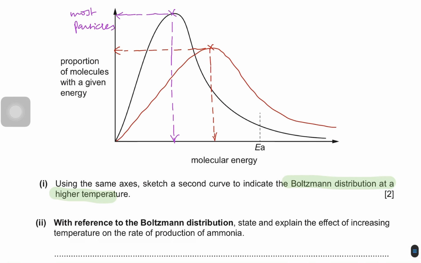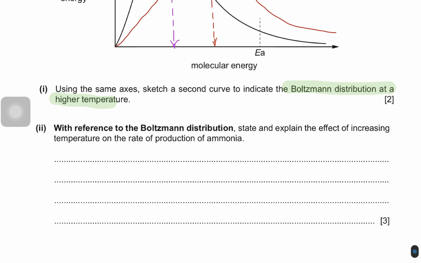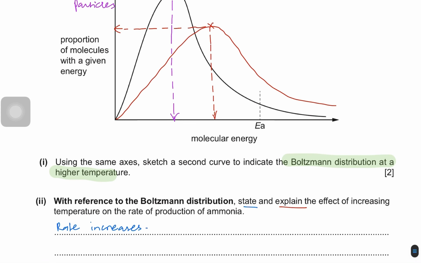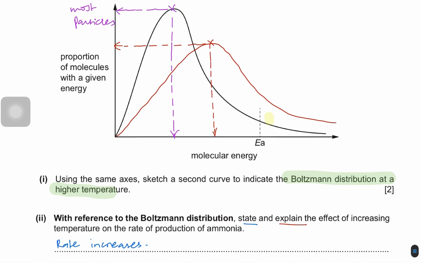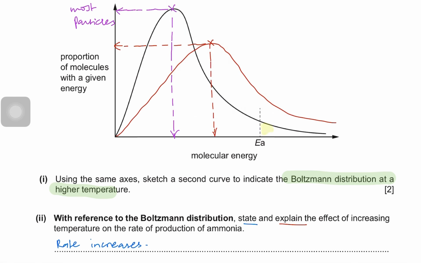With reference to the Boltzmann distribution, state and explain the effect of increasing temperature. State means just tell me that the rate increases. That's it. Now explain it. In the explanation you would say that in the beginning, you can see I'm highlighting it with yellow, a smaller proportion of particles were there.